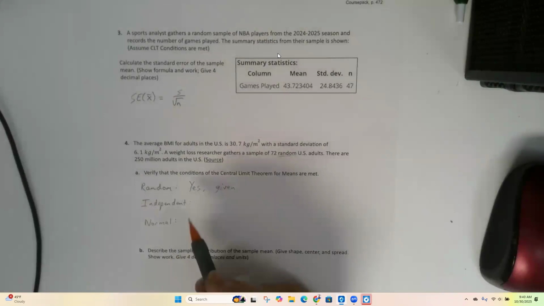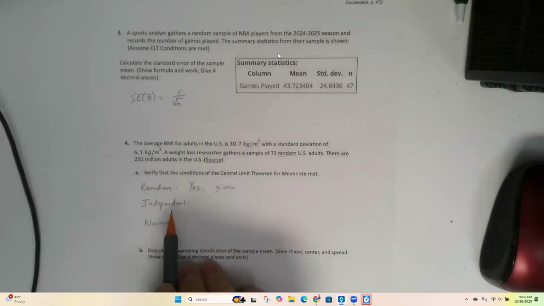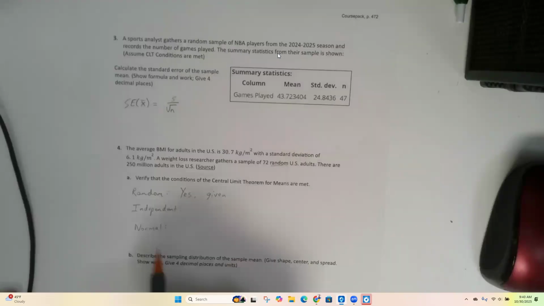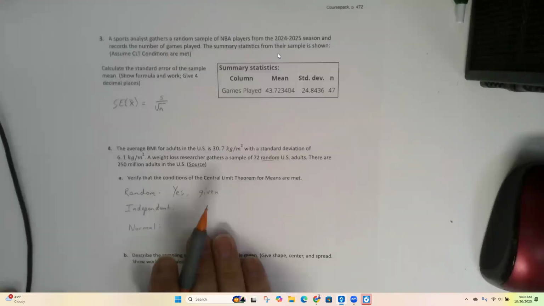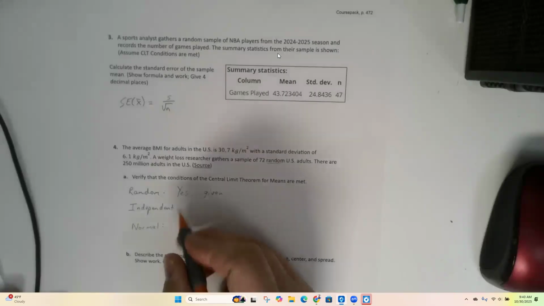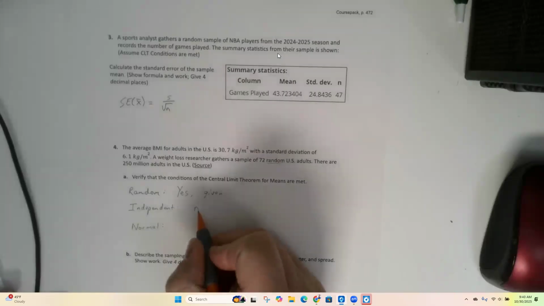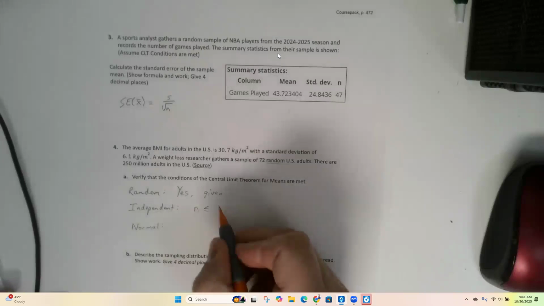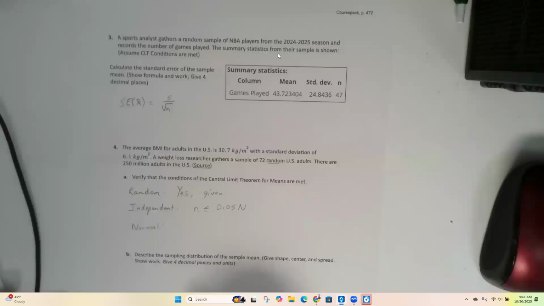For independent, that means that the sample has to be not too big. This is page 472. It just means that your sample is independent of the population. For that, we need to show that the sample size is less than 5% of the population size.